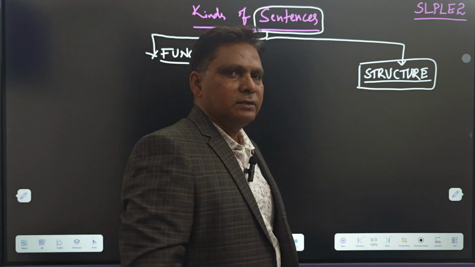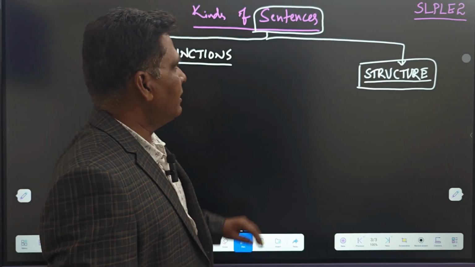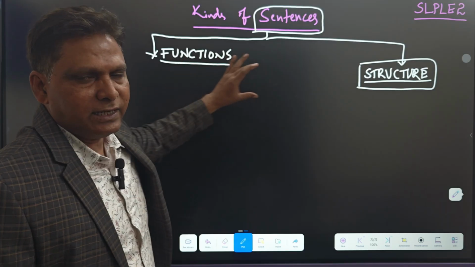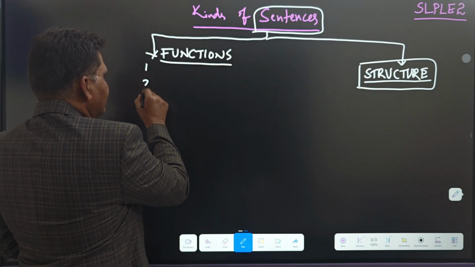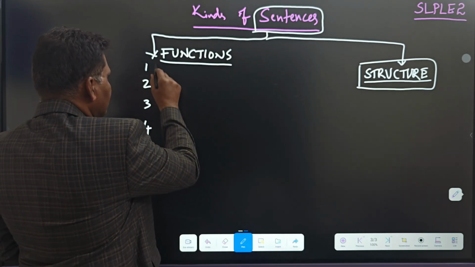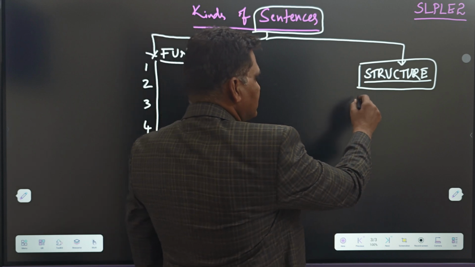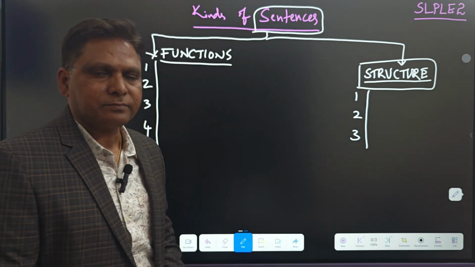When we talk about tenses, you will understand this structure. But for now, as we are broadly defining the kinds of sentences, I have to tell you that based on function, sentences are 4 types, and based on structure, sentences are 3 types.